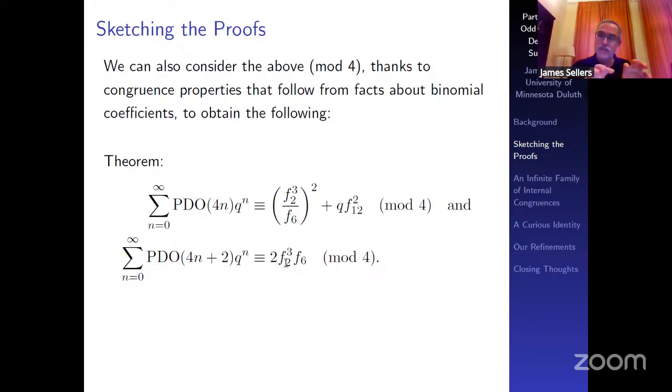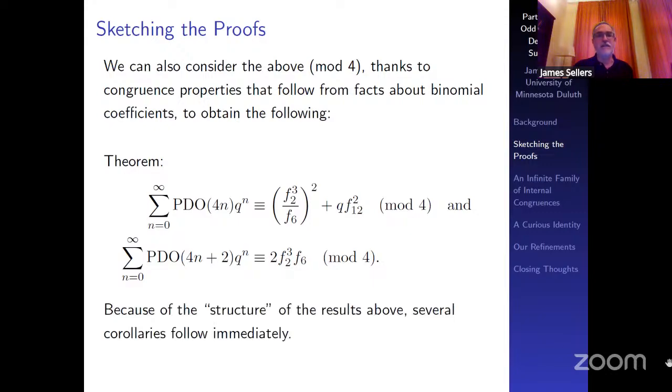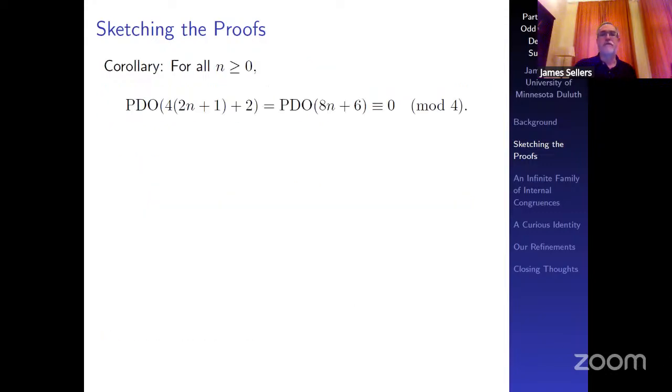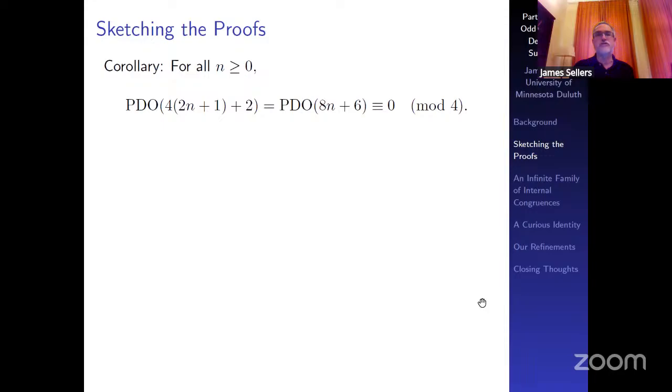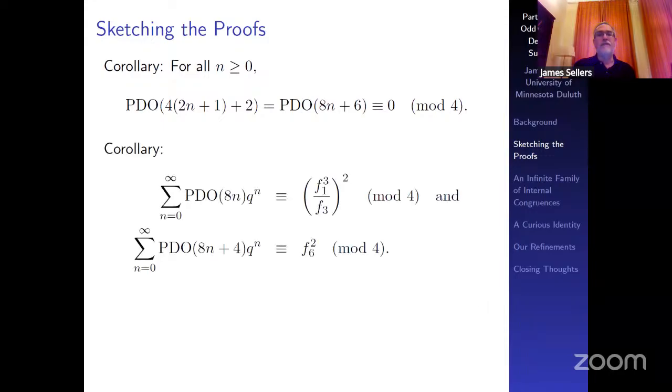So I'm actually staring at 3 congruences mod 4 right now, and I think I share them with you on the next slide. So first of all, I get this one. That came from down here, and the right-hand side being an even function of q. And the other 2 give me this.